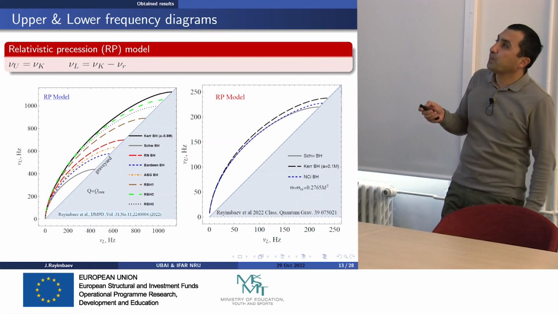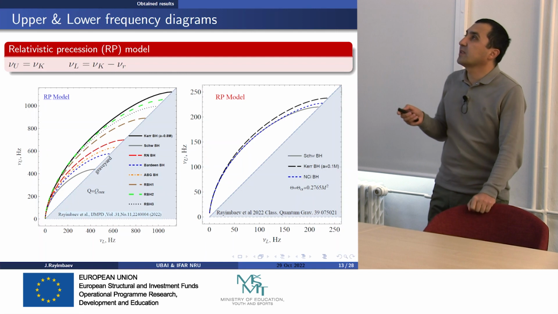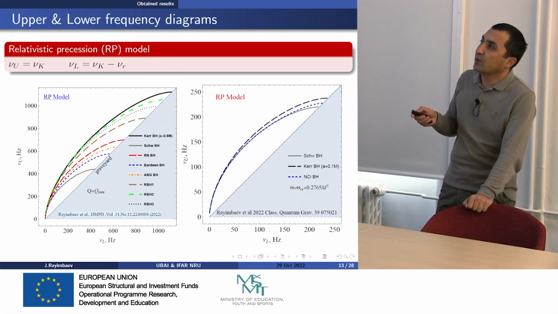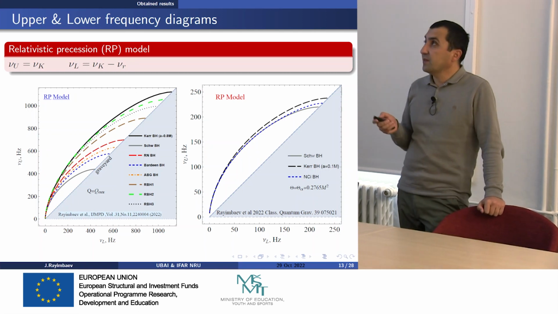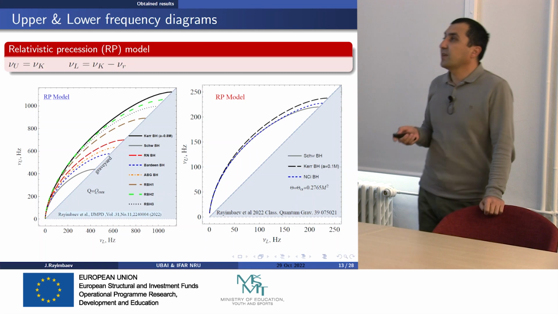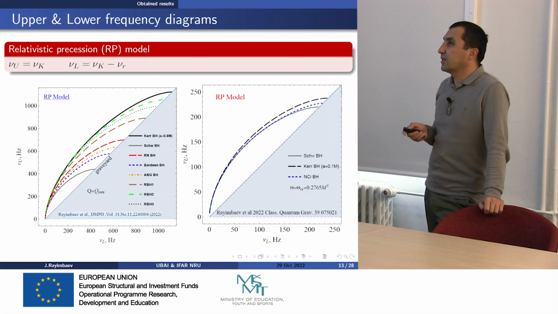And here, as I told, the relativistic precession model: first I calculated the Keplerian frequency and the radial frequencies for the upper and lower frequencies of quasi-periodic oscillations, and here is the relation between them, this diagram for upper and lower frequencies.